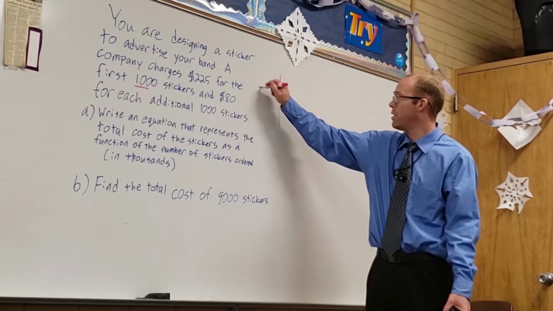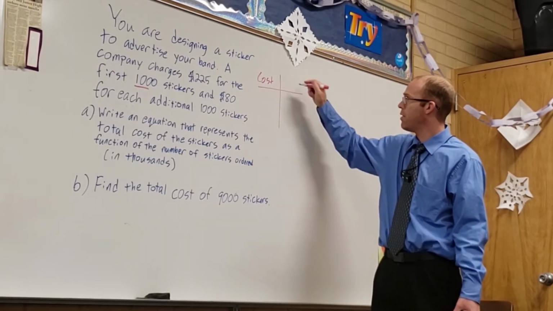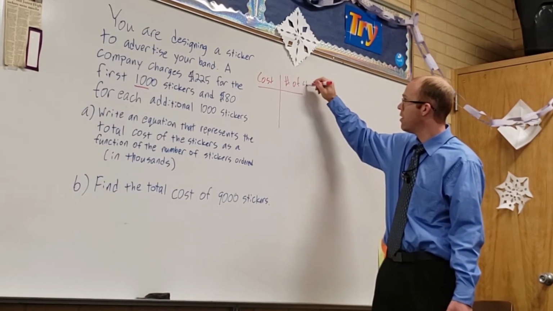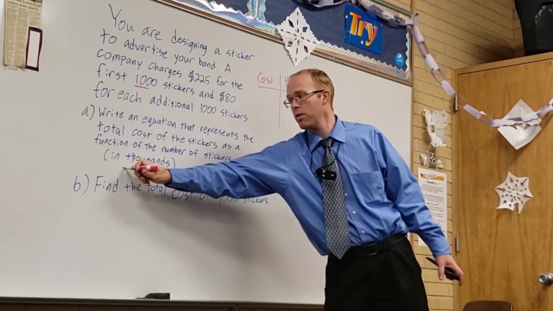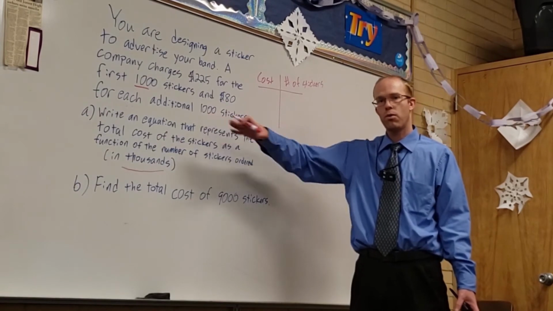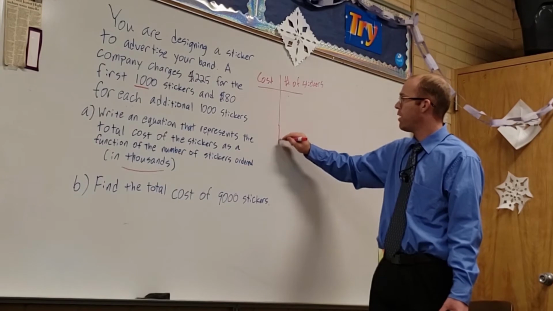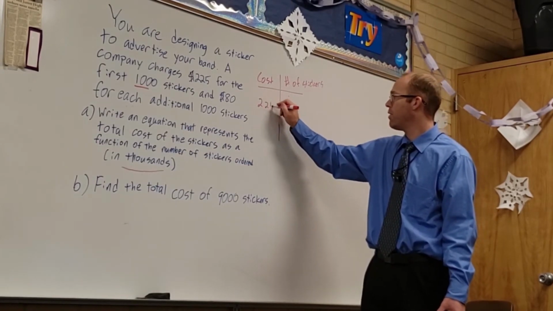So if I was to do a table of values, I would have cost over here and the number of stickers over on the x side. And important that we note that we are measuring those number of stickers in thousands. So this first 1,000 stickers we will represent with a 1. All right, and I'm going to write that in our table of values. Our first 1,000 stickers cost us $225.